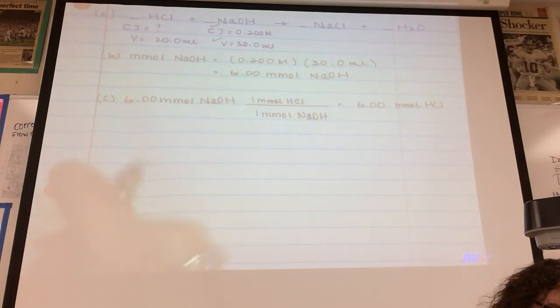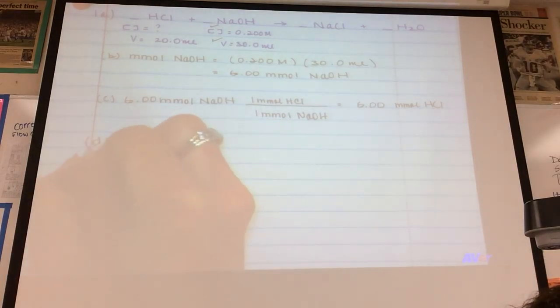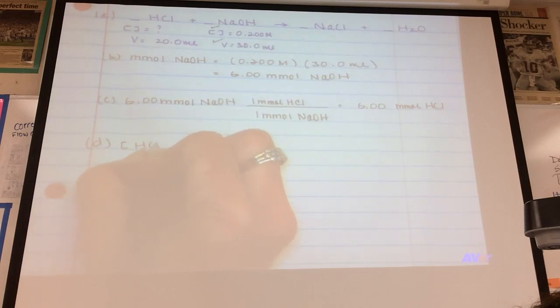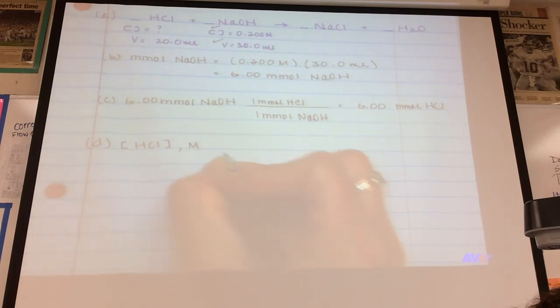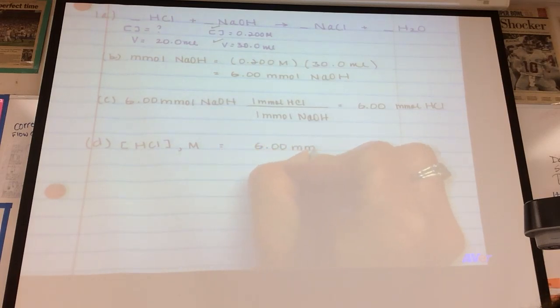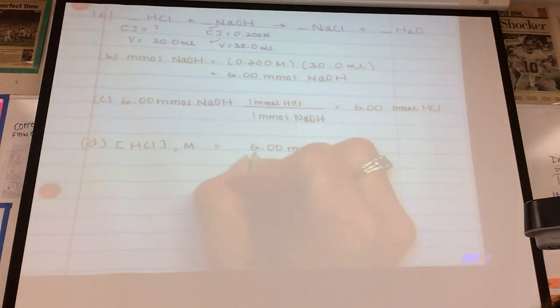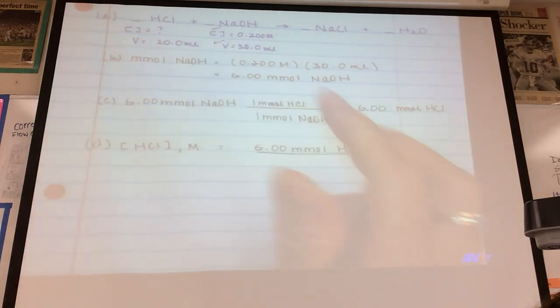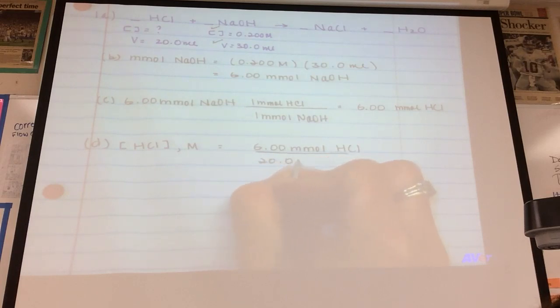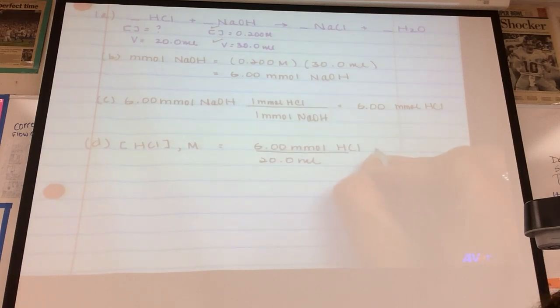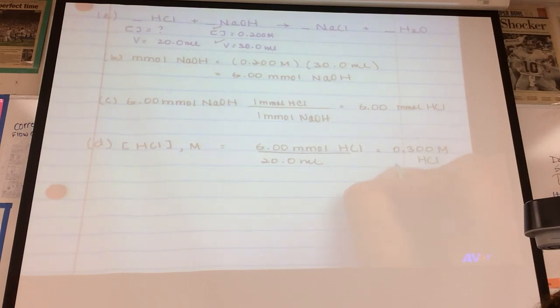And then finally, in the last step, I want to get the concentration of HCl, that is the molarity. I've got 6 millimoles of HCl, and I will divide it by the volume of HCl. 6 over 20 is the same as 3 over 10, so my concentration is 0.300 molar HCl.